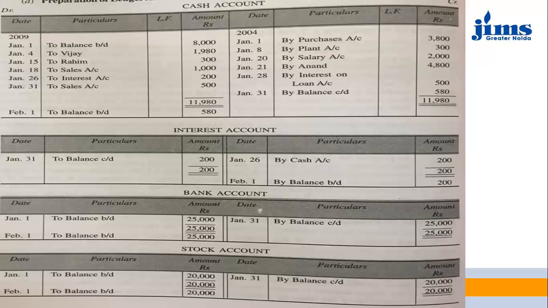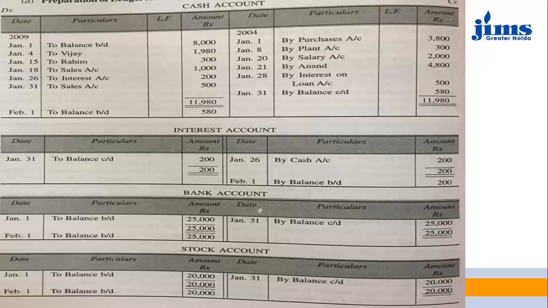So whenever you are balancing the account for that particular time period, you will write "to balance carried down" or "by balance carried down" with the balancing figure, to show that this is the balance which will be carried forward to the next time period.